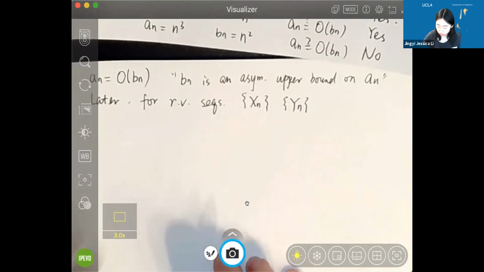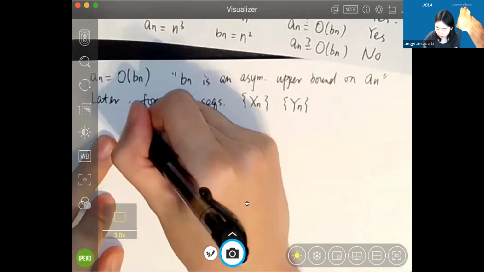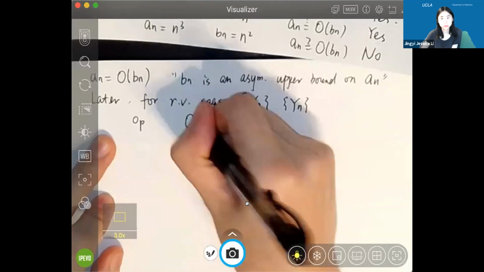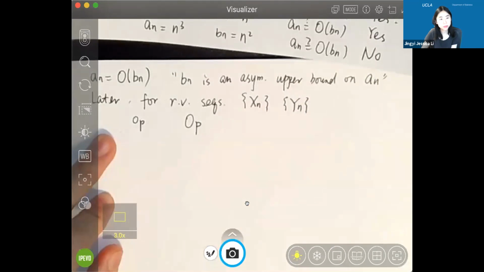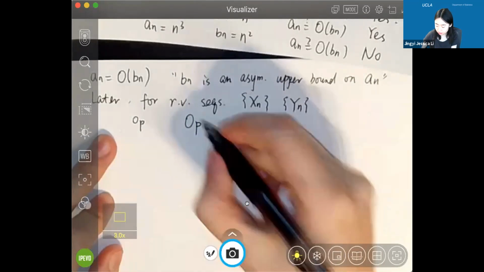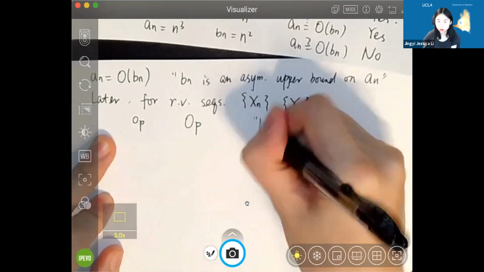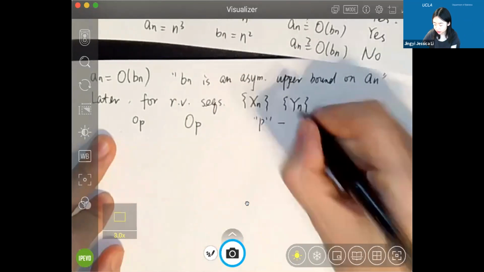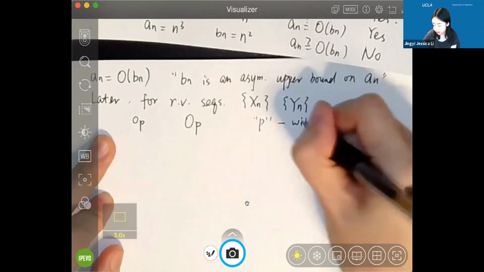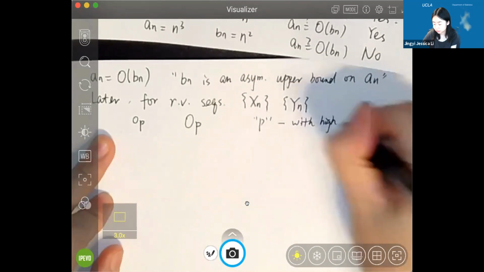So we will have small op and big Op. And it's still the same statement, but here the P stands for with high probability.